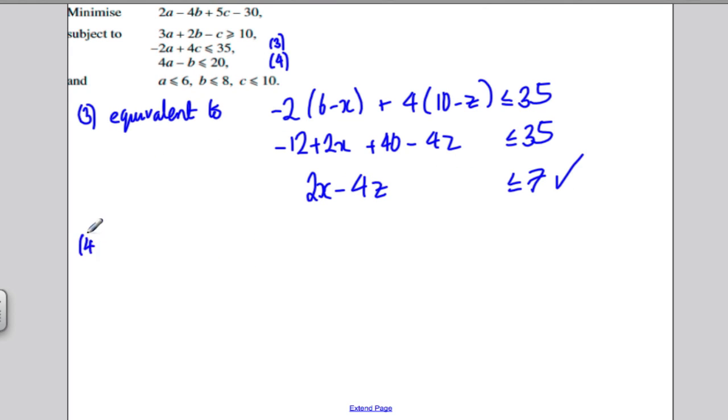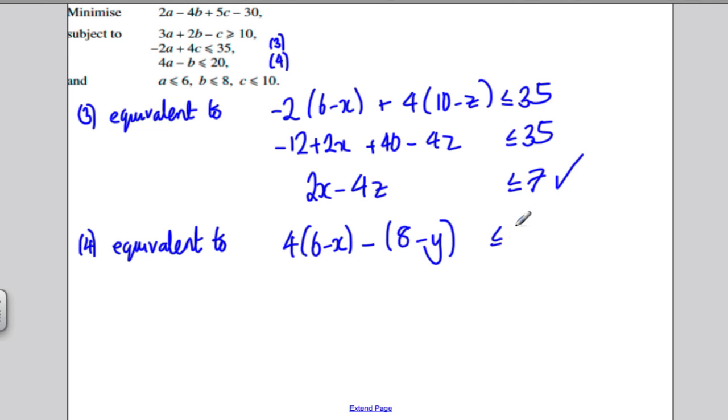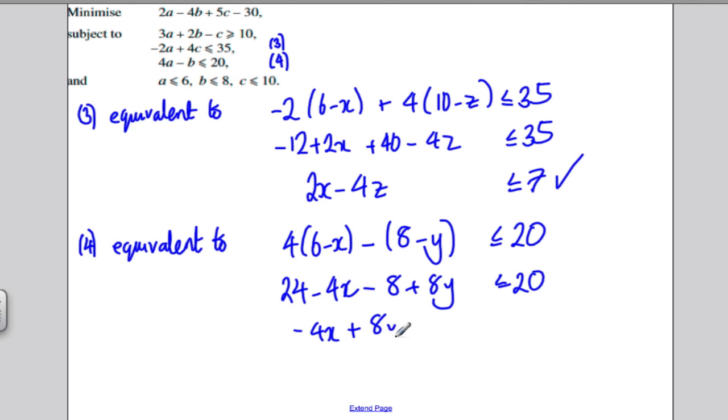And lastly, 4 is equivalent to 4a, a is 6 minus x, and minus b, which was 8 minus y, less than or equal to 20. Just tidying that up. 24 minus 4x minus 8 plus 8y less than or equal to 20. Minus 4x plus 8y.